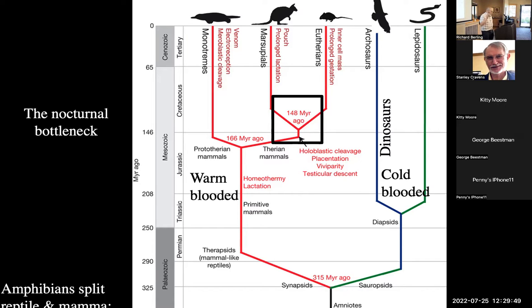If you're existing in the dark and/or underground, and you don't need eyes, you're probably going to lose ocular sophistication, and that's what people think has happened.